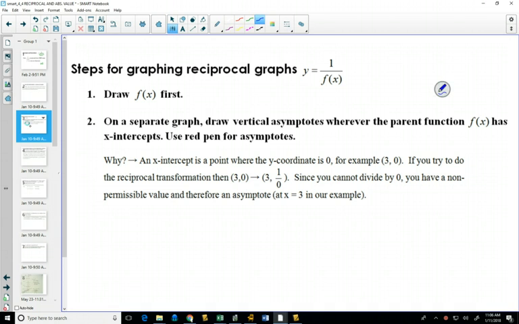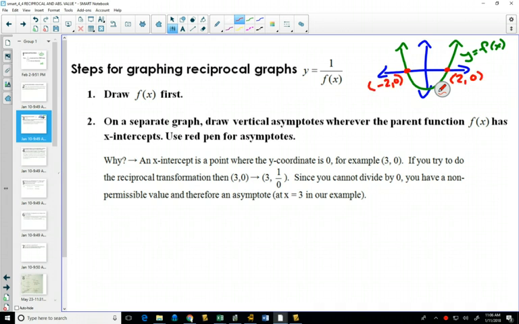It's so much easier to see with an example. Let's say I have a parabola like this. That's my f of x graph. Wherever I have x-intercepts, what are the y values at those points? 0. So maybe this is (2, 0) and (negative 2, 0).